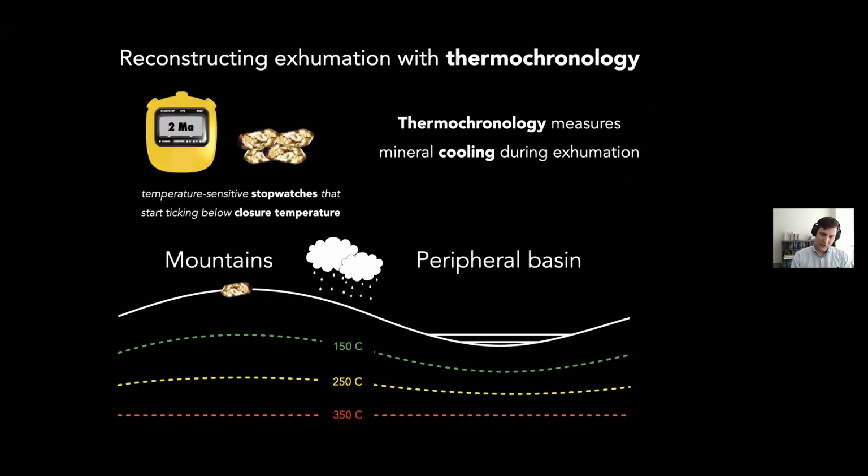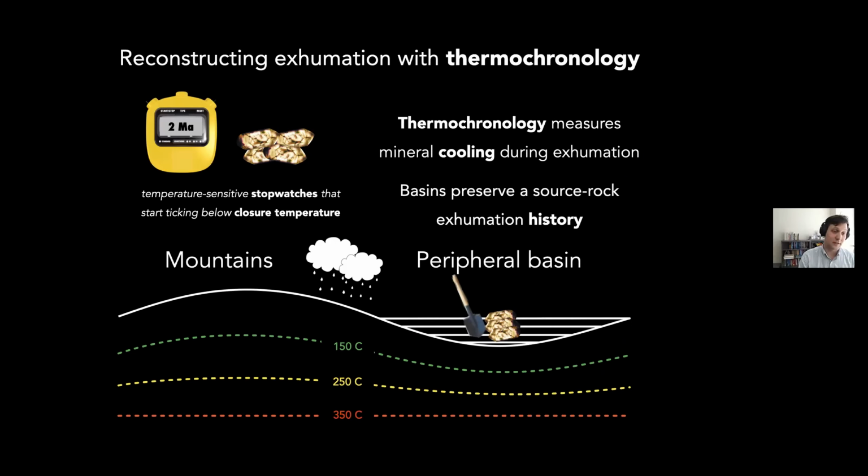There is a little bit of a catch though. When we work with detrital thermochronology now instead of bedrock thermochronology, we have to account for the fact that our little temperature sensitive stopwatches don't stop ticking after they've been exhumed. Because we weren't there to collect the sample several million years ago, the sample was eroded, it was deposited in a basin, and then that basin filled in. And meanwhile, those little stopwatches have still been ticking.